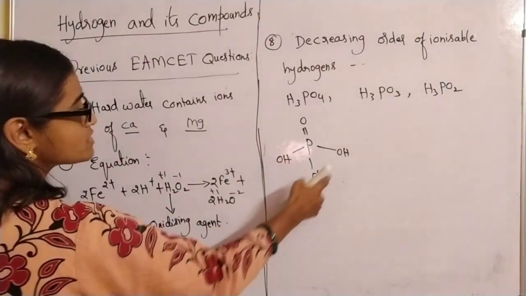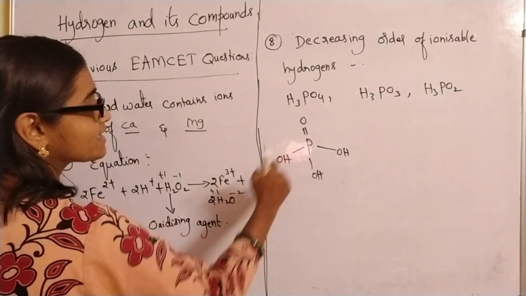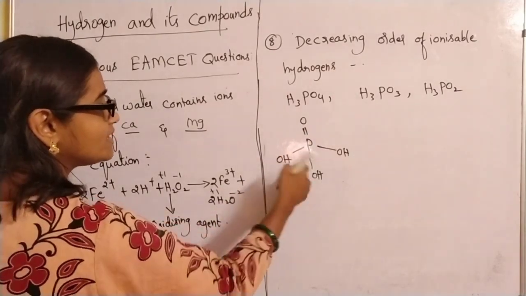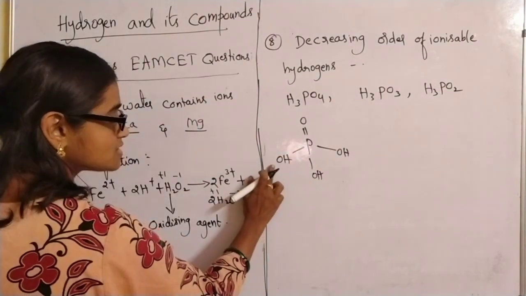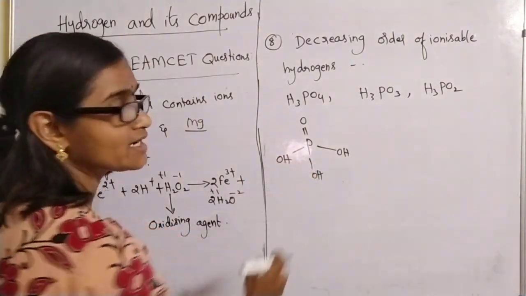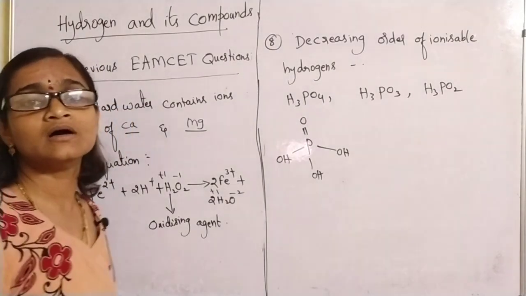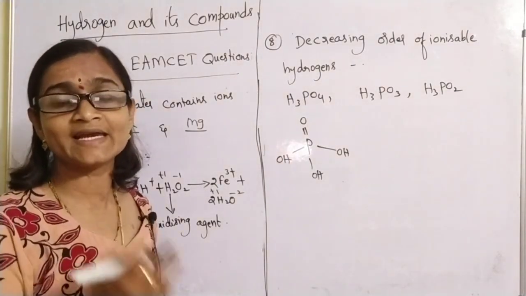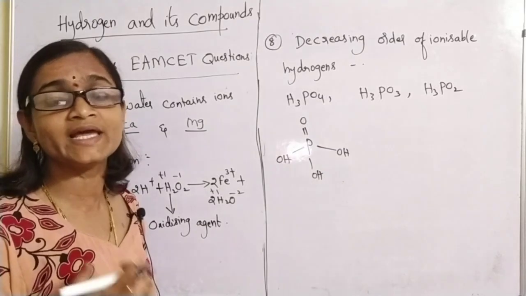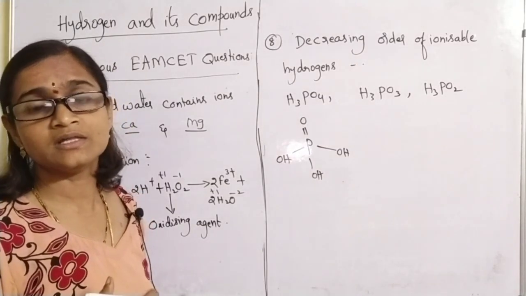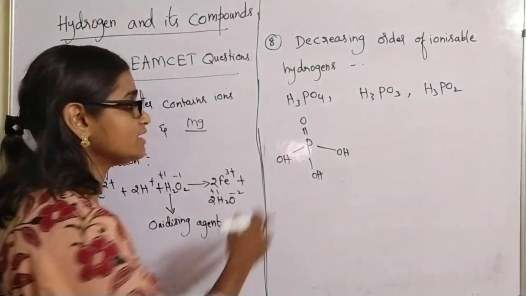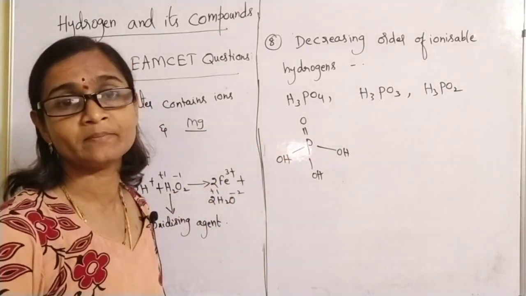All 3 hydrogen atoms are not directly connected to phosphorus, so all 3 can be ionizable. They are connected to oxygen, not directly to the central atom. The hydrogen atoms which are directly connected to the central atom cannot be ionizable. Please remember that point.